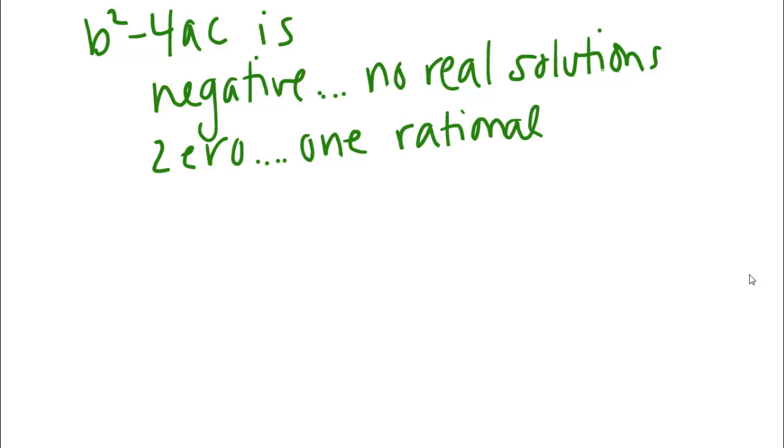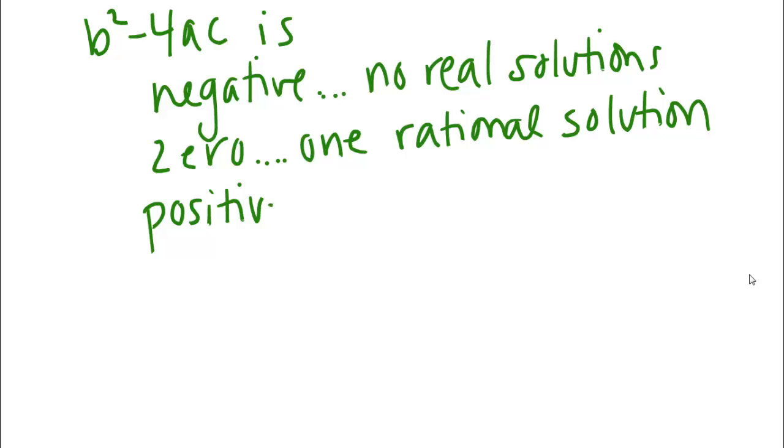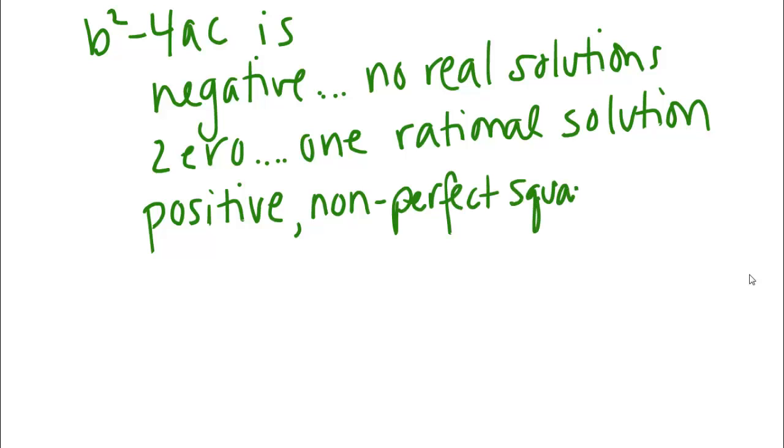It's going to be a kind of nice number. We're not going to get square root of 7 or something in there. One rational solution. If b squared minus 4ac is positive and a non-perfect square, we will get two irrational solutions.